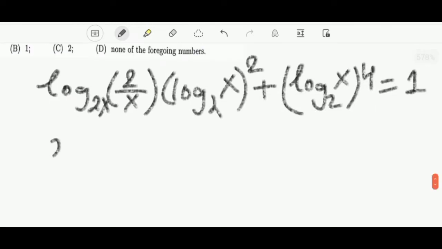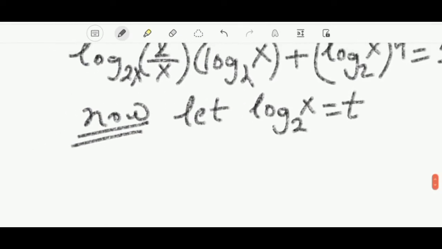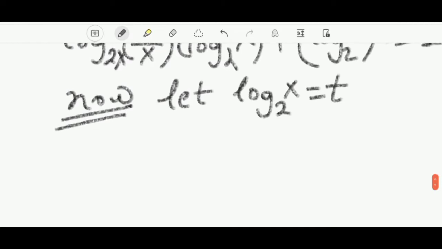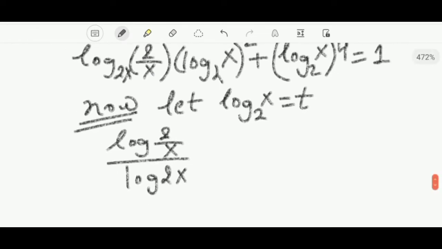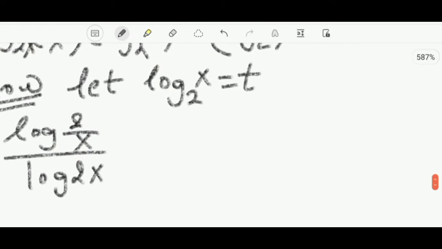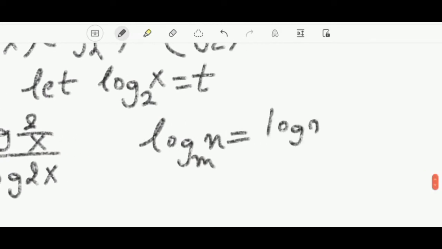So now we can let log x at base 2 equal t, some variable. So we can simply rewrite it as log 2/x upon log 2x, since we know if log n is at base m, we can simply rewrite it as log n upon log m.